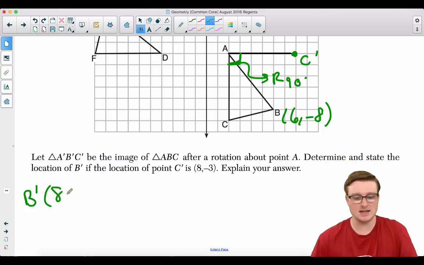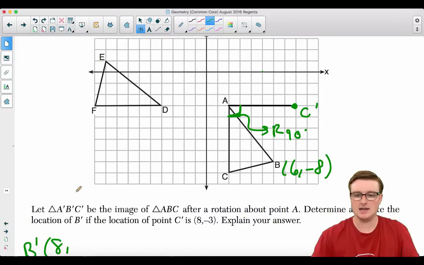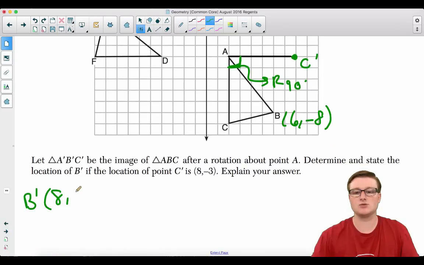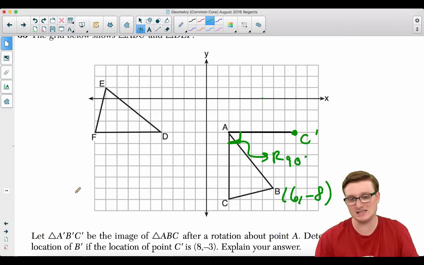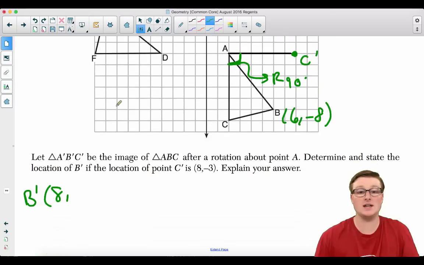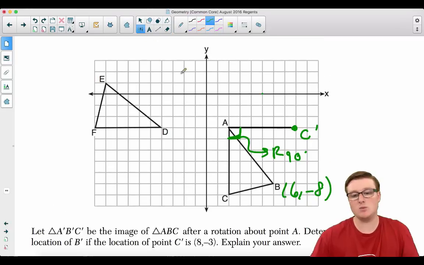So it's actually 8, no, I'm sorry. Oh, you know what? It's rotated about point A. So we're just going to rotate it 90 degrees about point A. So all we do is we just say, hey, wait a minute.